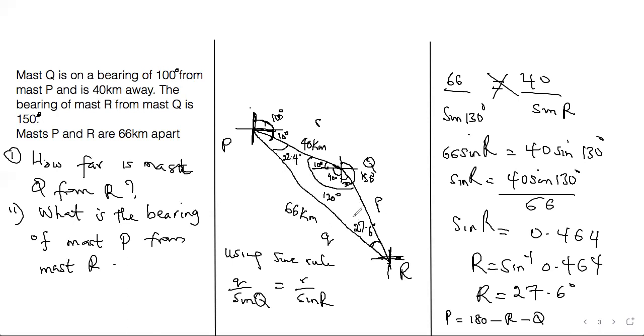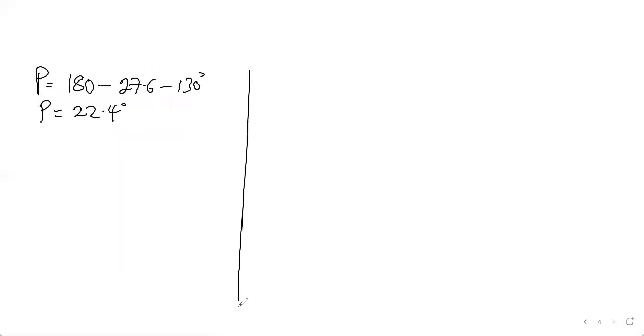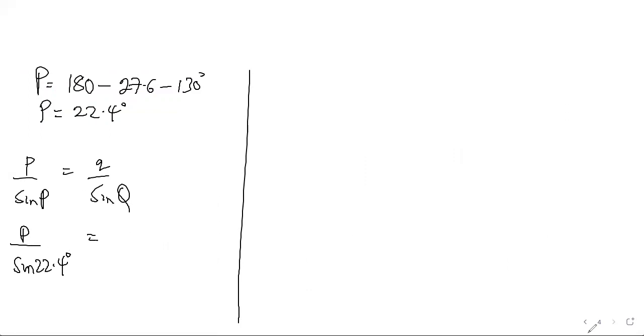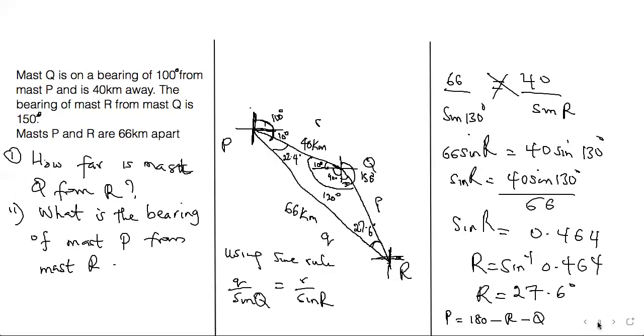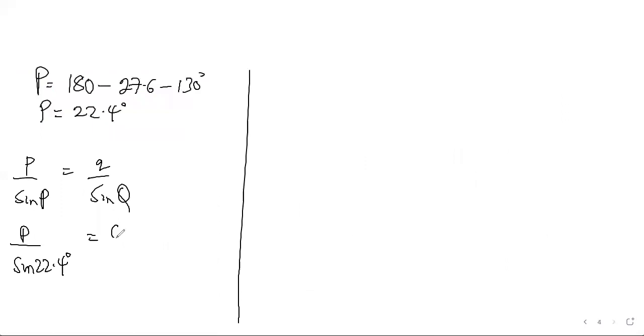Then I can use that to get the distance P. So if I use sine rule, P over sine P will be equal to Q over sine Q. So P, what I'm looking for, over sine 22.4 will be equal to Q, which is 66, divided by sine 130 degrees.